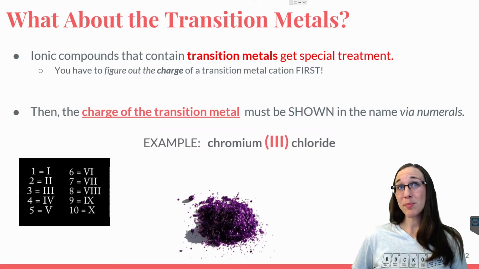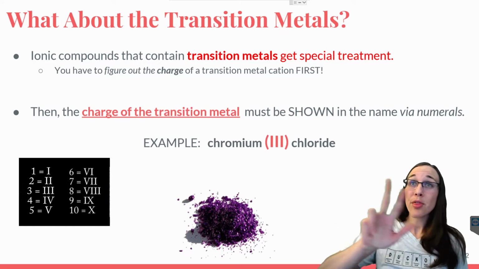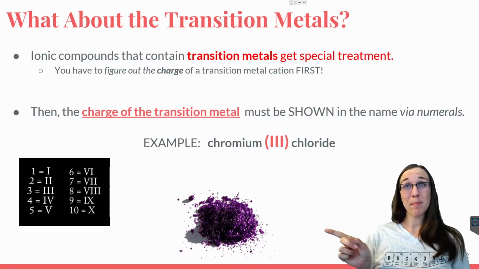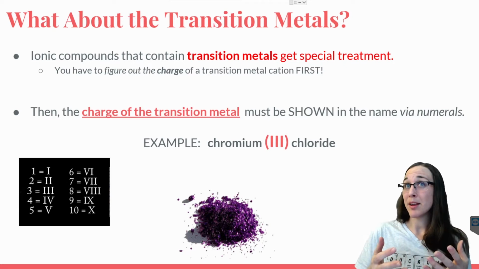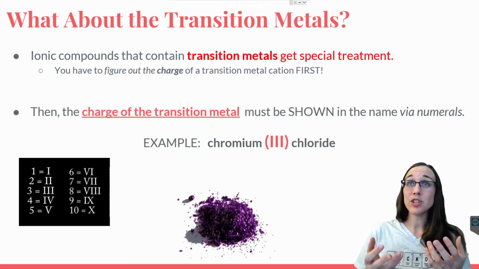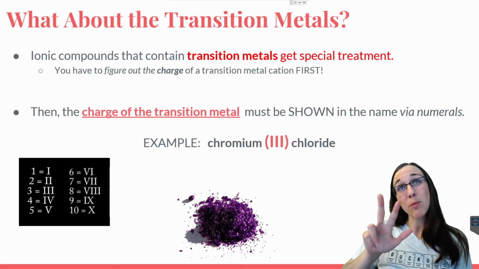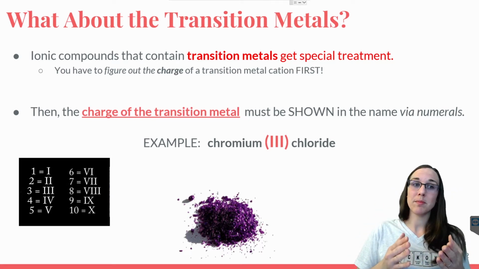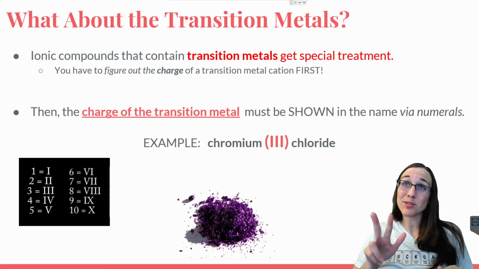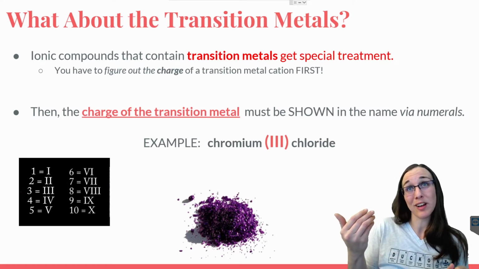So for example, if we're looking at chromium(III) chloride, which is that purple stuff right there, you can see that the charge of the transition metal chromium is shown in the name as a Roman numeral 3. So in this case, we would know that this transition metal is wearing a +3 charge out to the picnic brunch today.